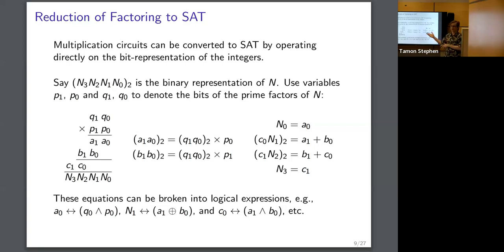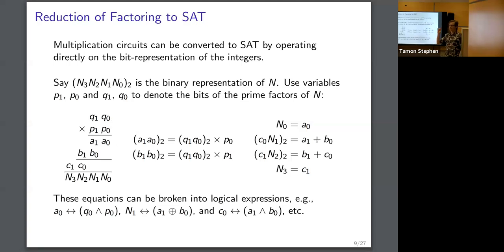No, we're not doing it with decimal numbers, we're doing it with binary numbers, but it's the same thing, right? So you set up a multiplication. These are symbolic variables. The only ones which are known are N's at the bottom, but you do know relationships between the variables. For example, a0 is going to be equal to the product of p0 times q0. Okay, these are all 0, 1 integers, and you can set up the equations listed on the right here.